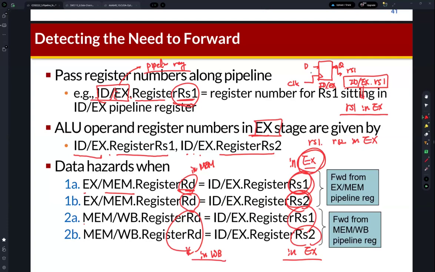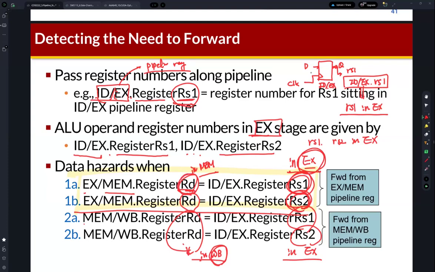Okay, so as I mentioned, we can just check the equality of the RS1 or RS2 in the EX stage with the RD in the memory stage or the RD in the write back stage. If this condition is true, then we can perform data forwarding.